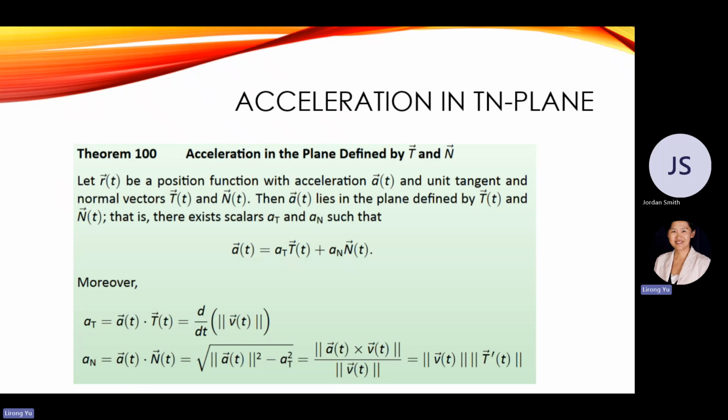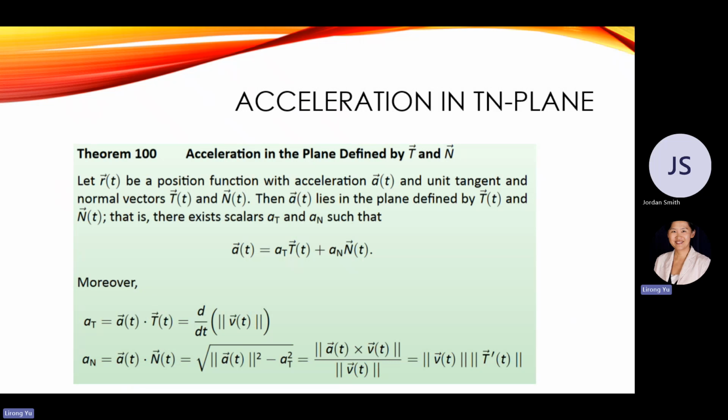So here is a summary, and this is really the part that will give us a way to calculate those components. How do we decompose the acceleration function into these two separate directions?